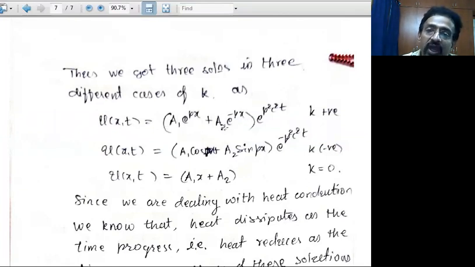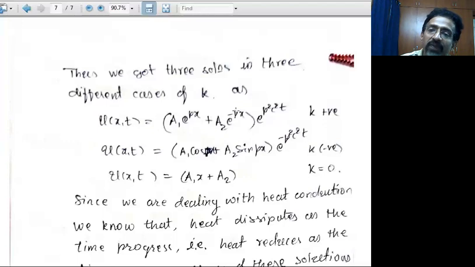So the first function is increasing. The second function, if you observe, as x increases, since it is minus, it will be a positive function only. e raised to minus px will be positive, but it goes on decreasing because e is 2.3 something.